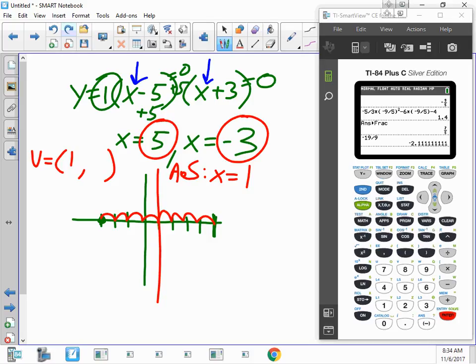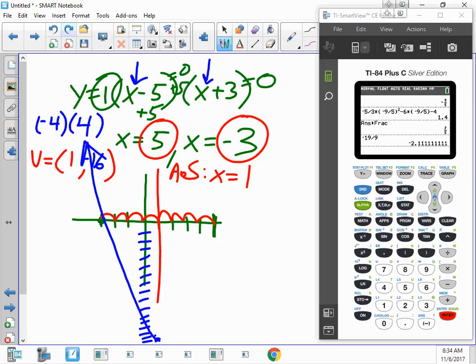What is 1 minus 5? Negative 4 times 1 plus 3 is 4. And negative 4 times 4 is negative 16. That is the graph of the parabola.